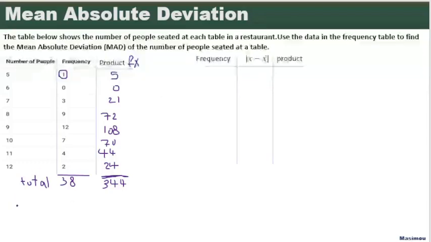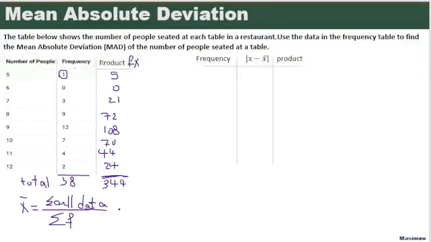Okay, to find the mean, I say mean equals the sum of all the data divided by the number of data. That means the total frequency.